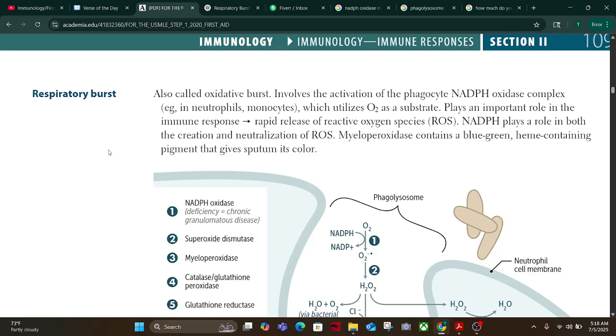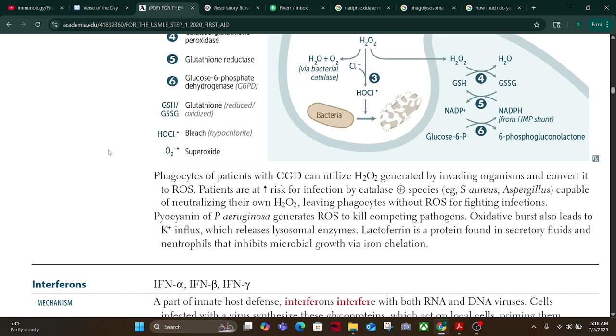Myeloperoxidase contains a blue-green heme-containing pigment that imparts its color. Phagocytes of patients with chronic granulomatous disease or CGD can utilize hydrogen peroxide generated by invading organisms and convert it to reactive oxygen species. Patients are at high risk for infection by catalase-positive species like Staph aureus and Aspergillus, capable of neutralizing their own hydrogen peroxide, leaving phagocytes without reactive oxygen species for fighting infections.